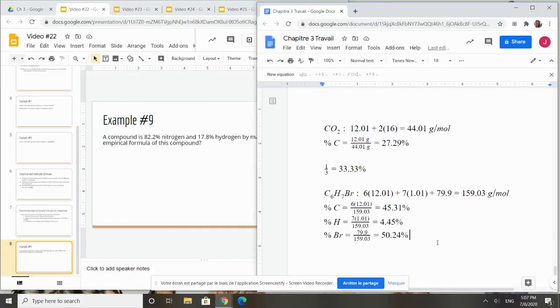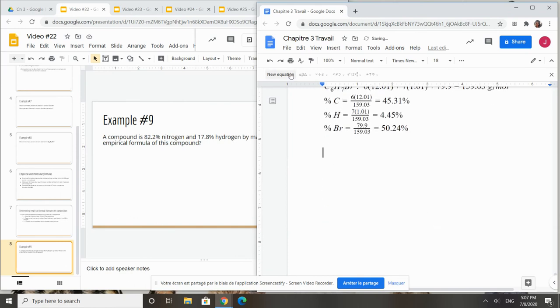All right, so I'm just going to assume that I have 100 grams, which means that I've got 82.2 grams of nitrogen and 17.8 grams of hydrogen.